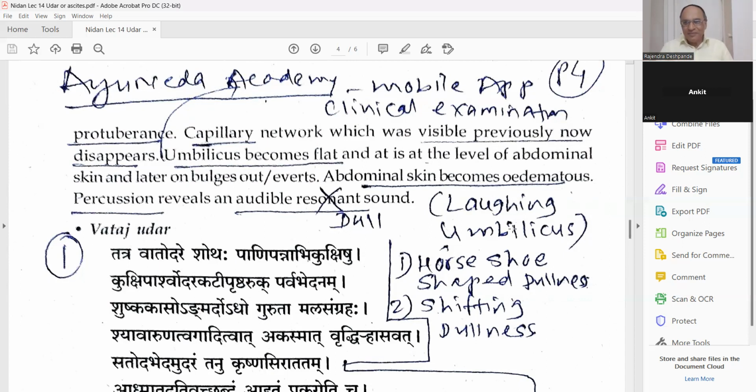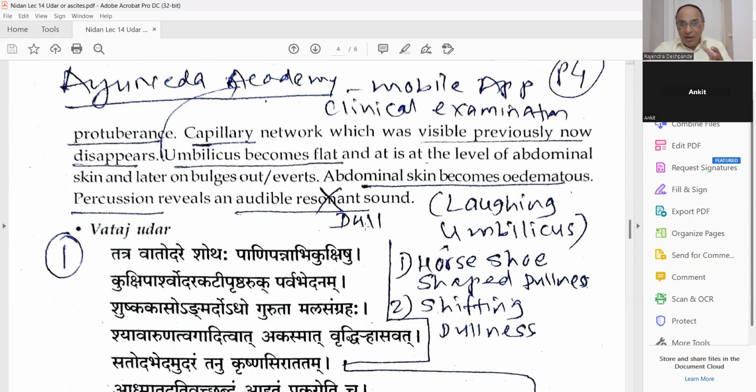I will show you here. The umbilicus will be stretched like this, in the transverse diameter. This is the typical name, laughing umbilicus. Don't forget this. Write it in the examination.